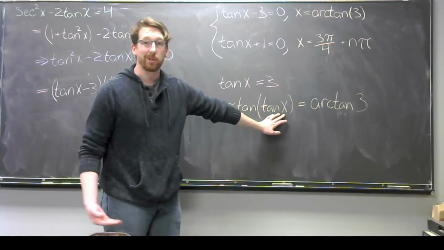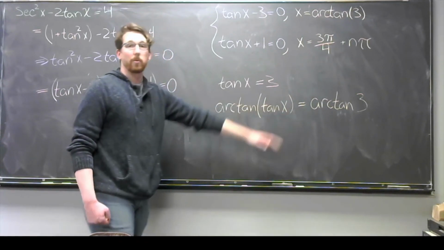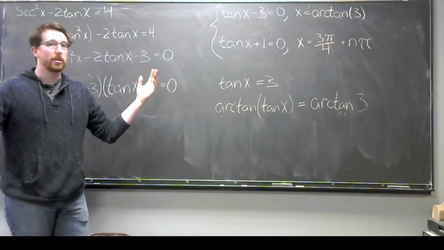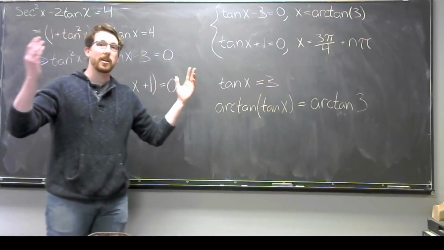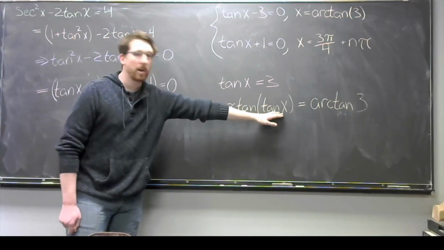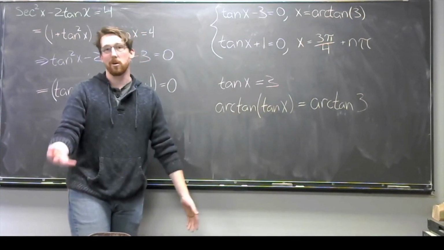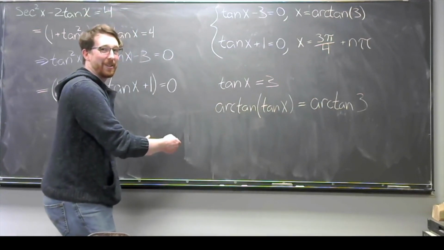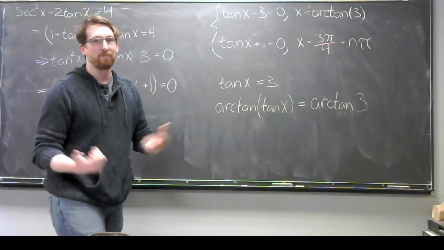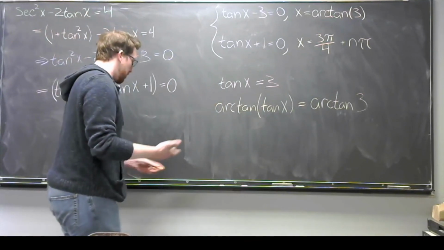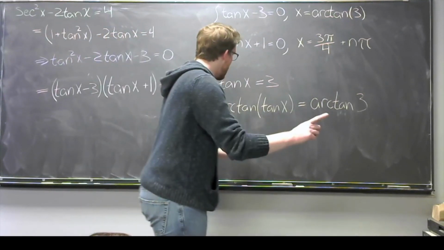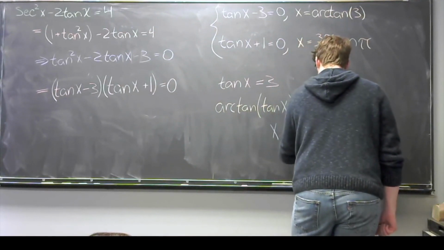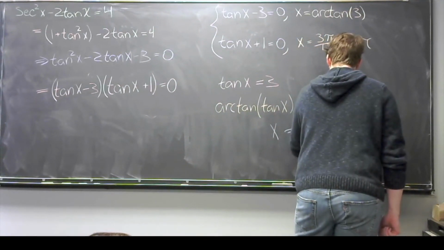In this case, it was just x. If it was x over 2, we would have gotten x over 2 back. If it was orangutans and gorillas, we would have gotten orangutans and gorillas back. I don't know. Whatever we pass through tangent, we apply arctangent to, we get that thing back. So what we've got then is x is equal to arctan of 3.